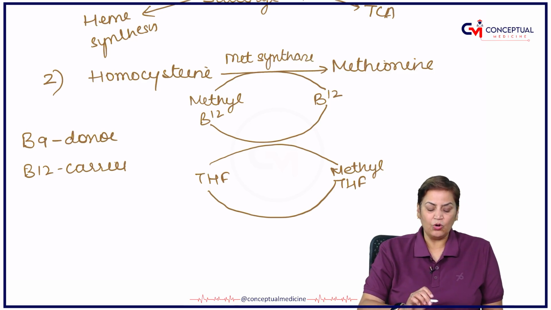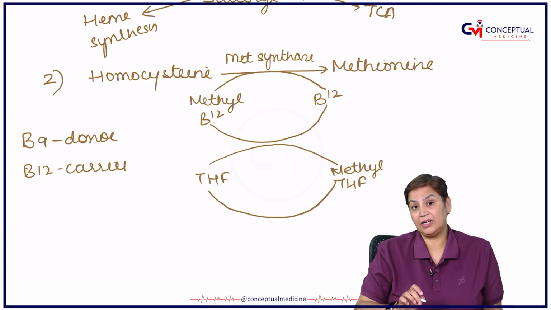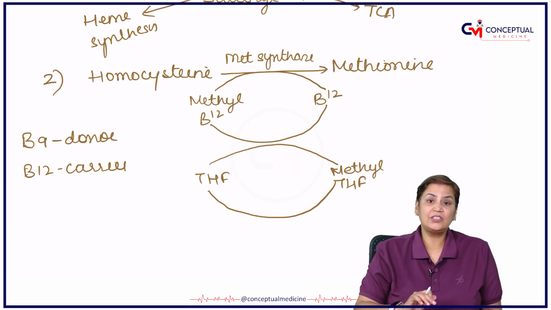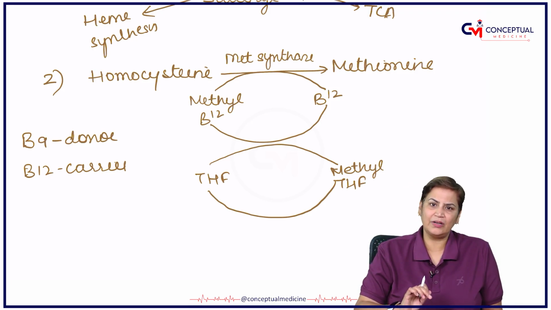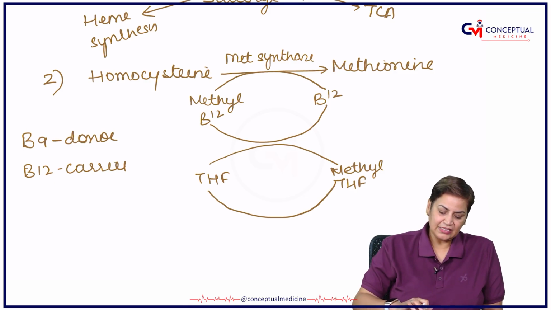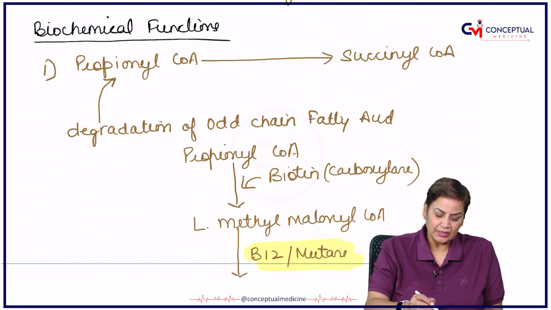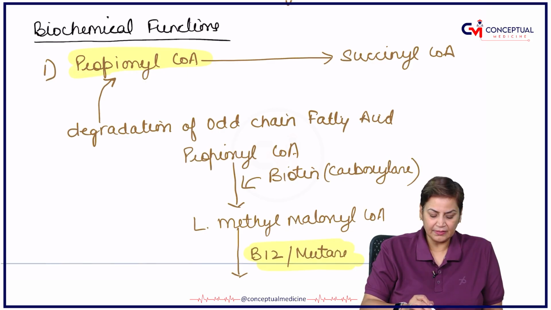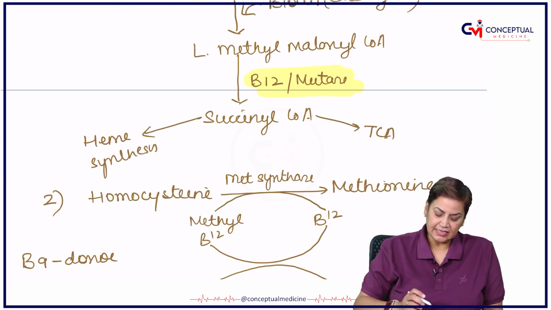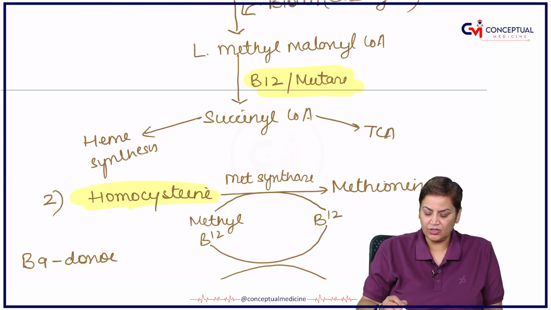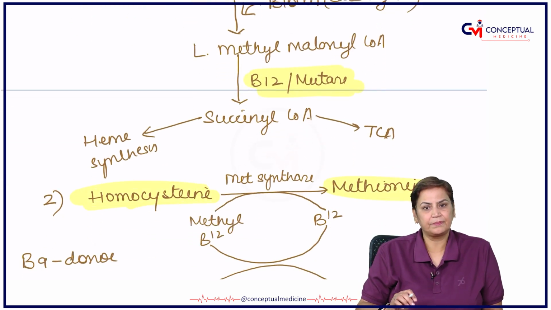So this is how homocysteine is converted into methionine. So these two are the very, very important reactions in the body which require B12. One is propionyl coenzyme A to succinyl coenzyme A, and second is conversion of homocysteine to methionine.